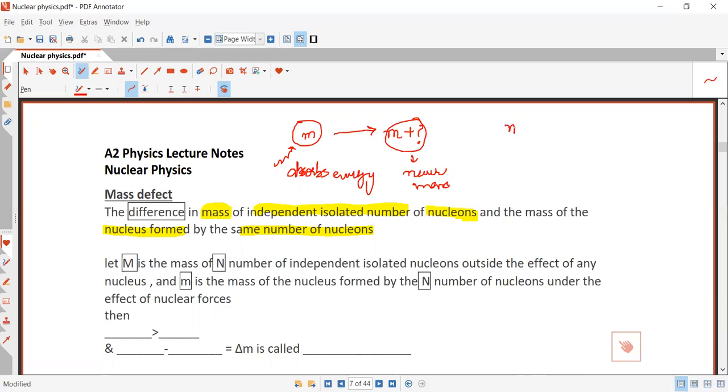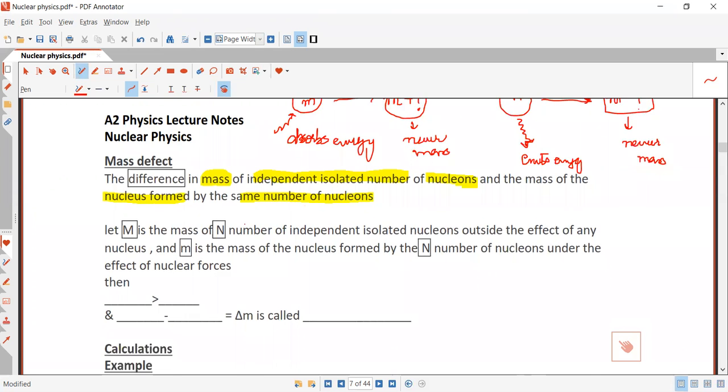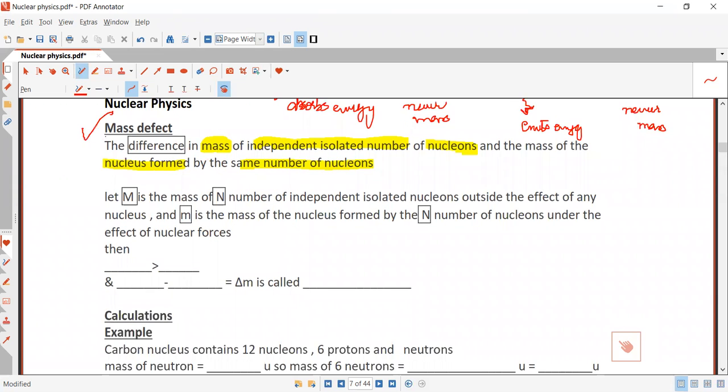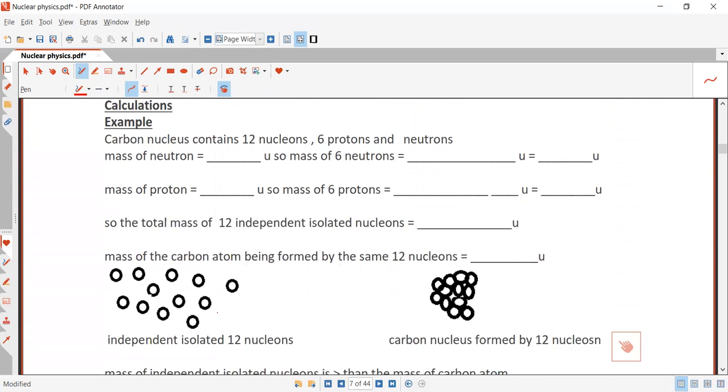And Einstein also said that if there is a mass and, instead of absorbing energy, it releases or emits energy, then what's going to happen? This mass is not going to remain the same, it's actually going to reduce. So it's going to be m minus something, the newer mass. So this was Einstein's concept on absorption and emission of energy, right? So using that concept, he told us about mass defect. Okay, so let me tell you how.